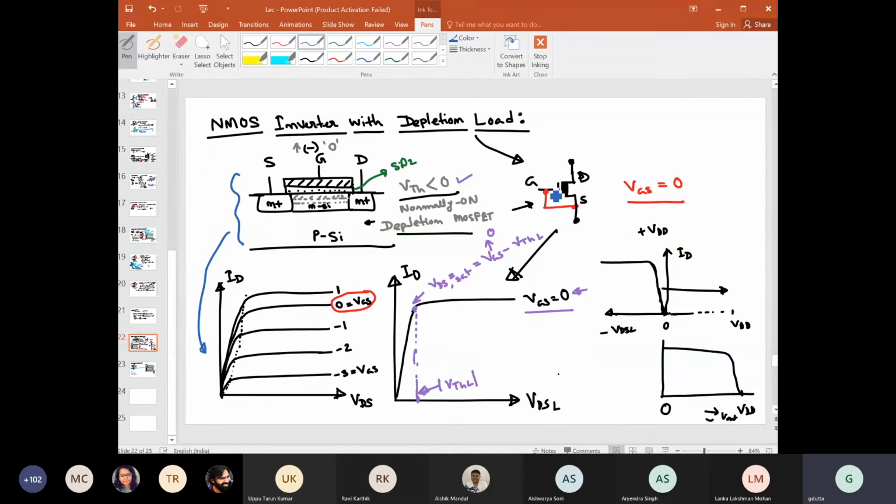But when you are connecting this gate and source, then you are fixing this VGS. Then the characteristic for this configuration is only this. But this is a normal NMOS transistor, so here you can have any of these plots, right? Okay.